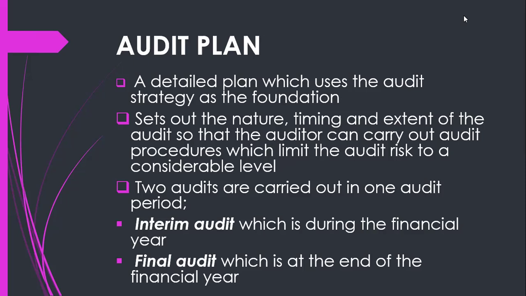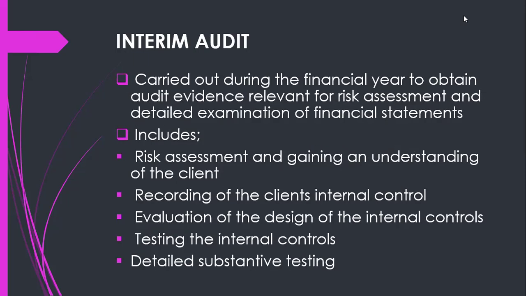What is our audit opinion? That is done at the final audit. So the interim audit is carried out during the financial year, and the final audit is carried out at the end of the accounting period.